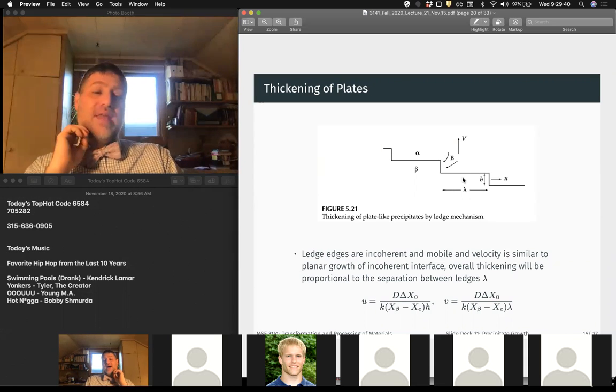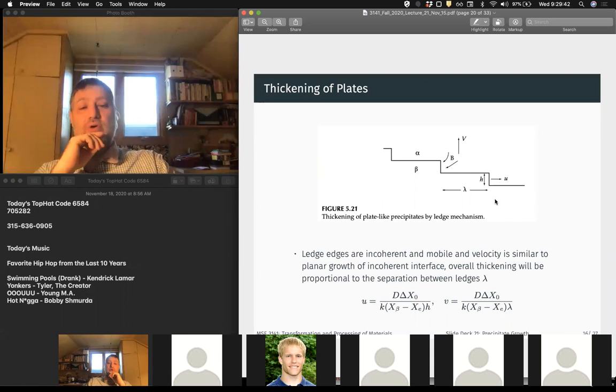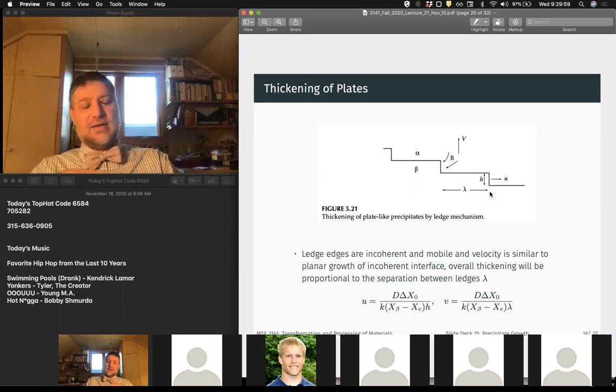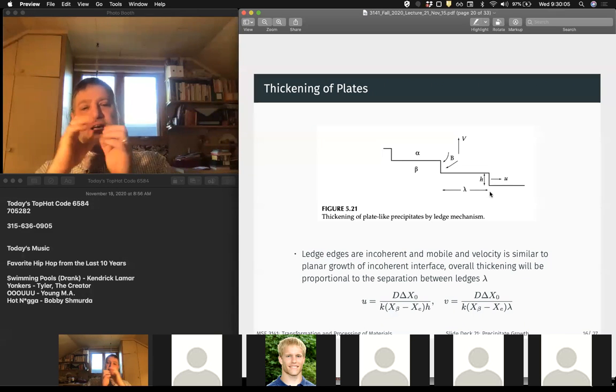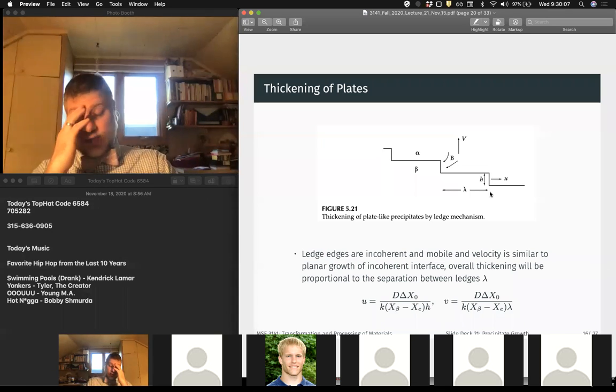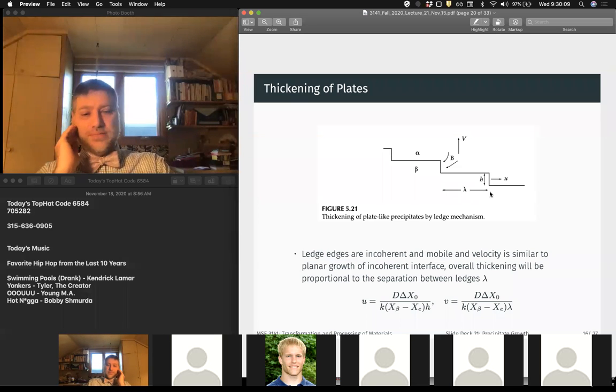So I'm not going to go through all of the details of the derivation because it means solving the diffusion equation for different configurations, and it's different for a cuboidal particle than a planar semi-coherent interface than for, say, a spherical, like if it was a needle.